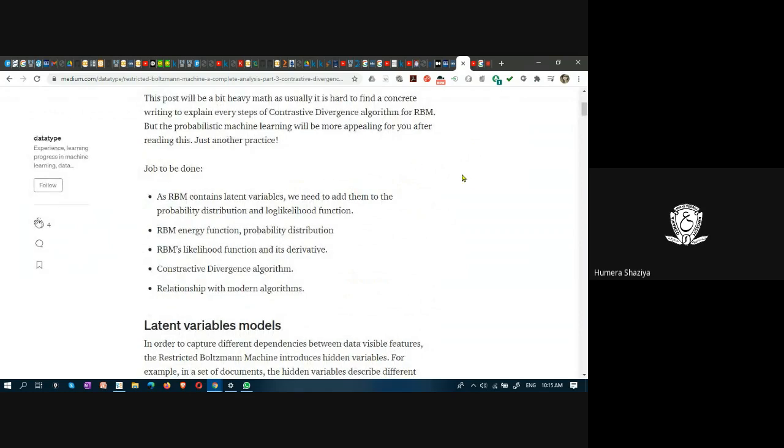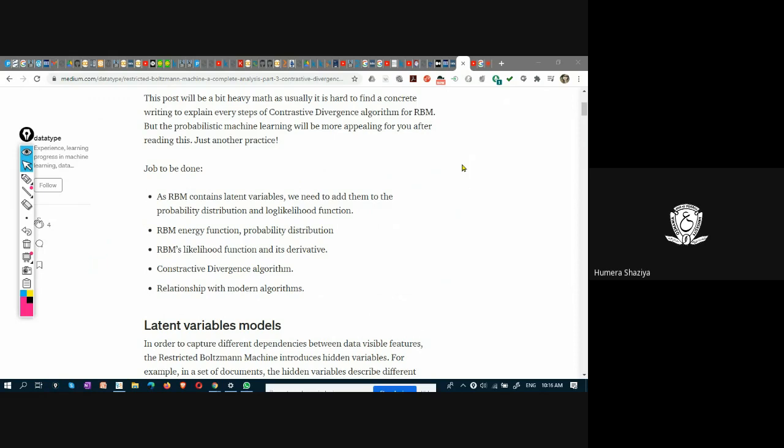RBM, restricted Boltzmann machine, has got two layers, visible layer and hidden layer. Visible layer is also known as input layer. There are connections between visible layer and hidden layer.